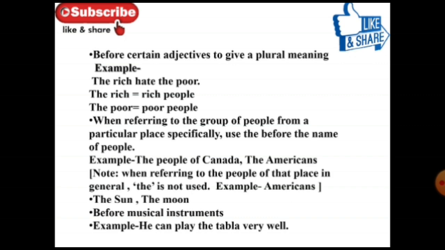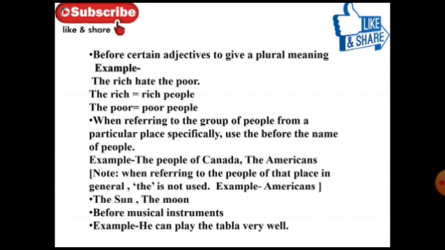We are talking about the large group. However, they are so many in number, but we are talking about a group in a single sense. So, the is used over there.